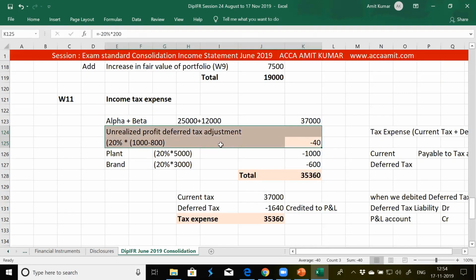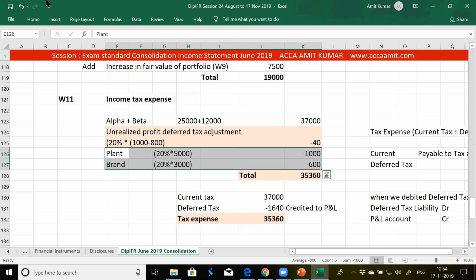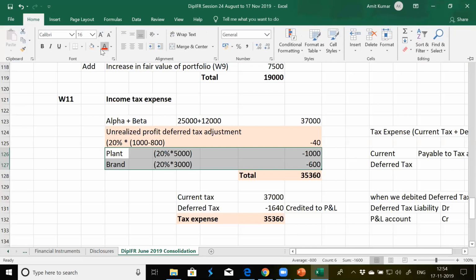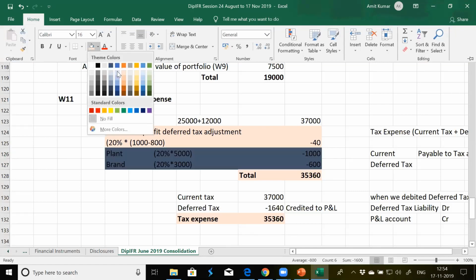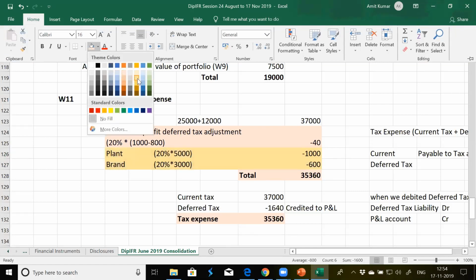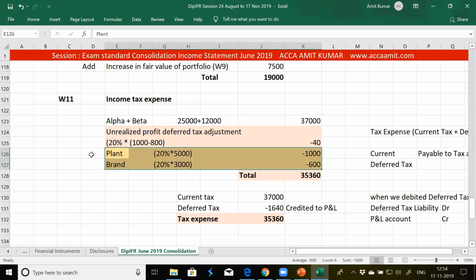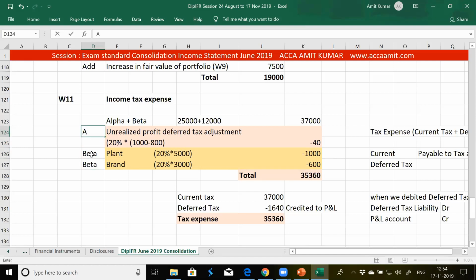Do not commit this mistake again: when I say deferred tax adjustment, do not include all. These two deferred tax adjustments are in the books of beta. This is in the books of alpha.